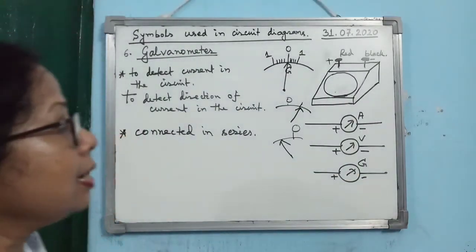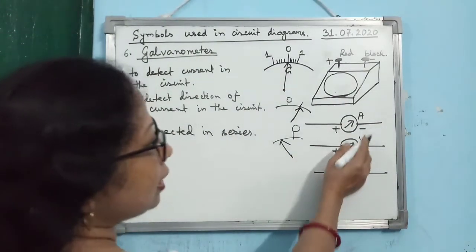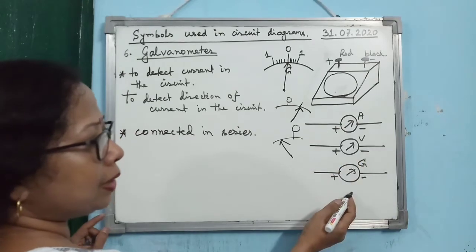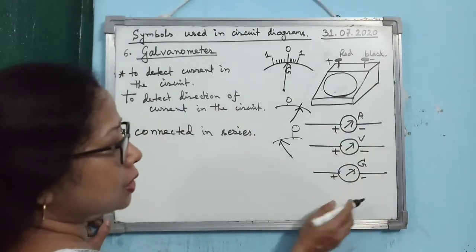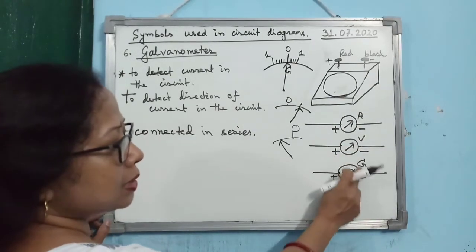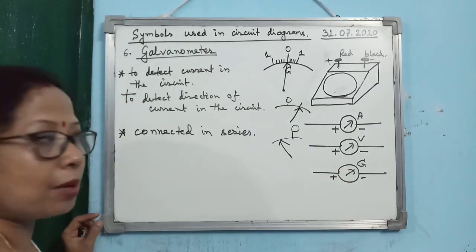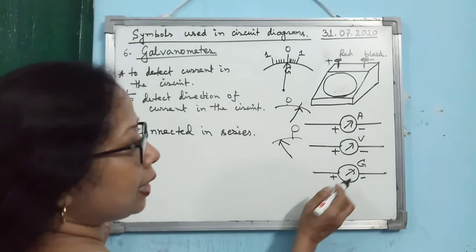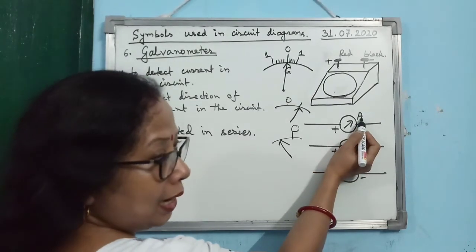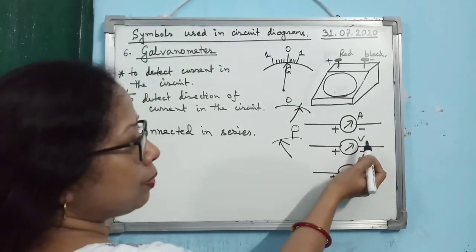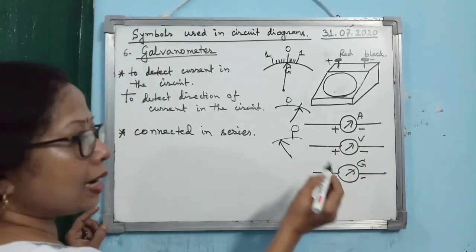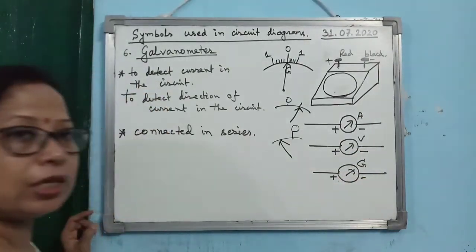Is that clear? So what are the symbols for ammeter, voltmeter and galvanometer? For all, you see the same kind of symbol: a circle, and within that there should be an arrow. The arrow represents the pointer, and plus and minus should be written. If it is an ammeter, write A outside. If it is a voltmeter, write V outside. And if it is a galvanometer, write G outside.